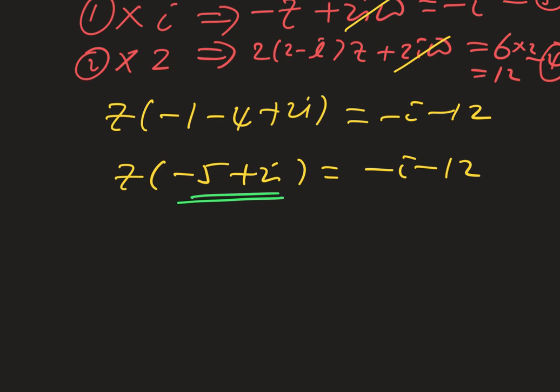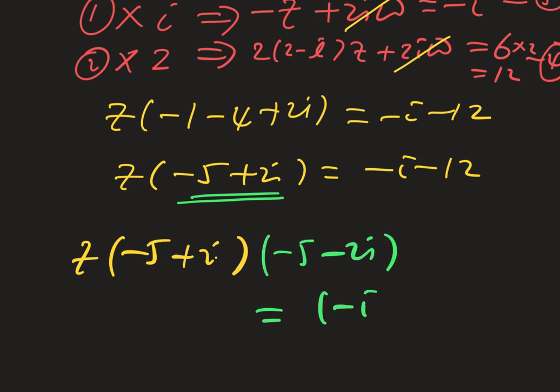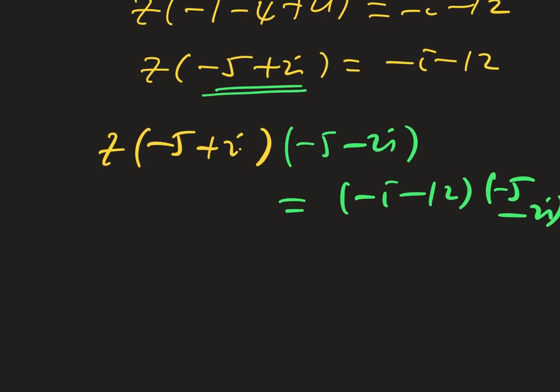So what we need to do is multiply by the conjugate. The conjugate is minus 5 minus 2i, equals to minus 1 minus i minus 12 times minus 5 minus 2i. So this is a square minus b square formula.